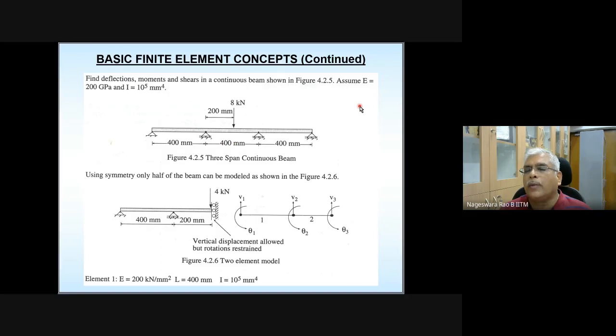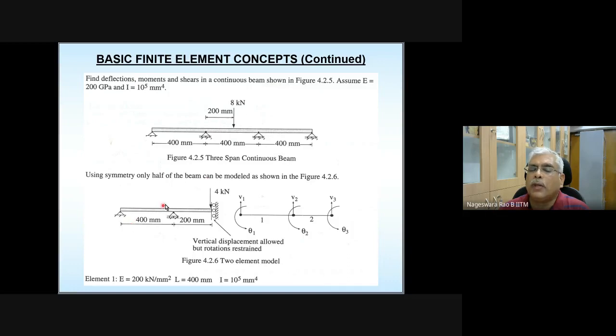Solve the entire problem, and let the solution show whether it's going to be 0 or not. But if you are really sure about symmetry and you are clear about what the behavior is going to be, then you can go ahead and do the symmetric model, half of it.